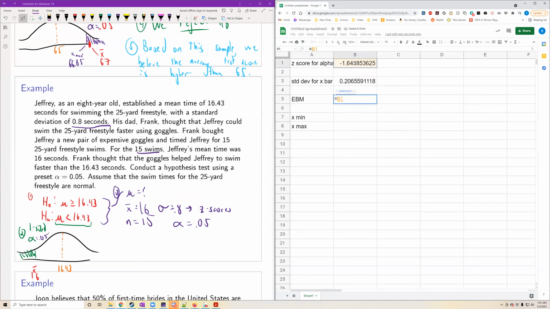EBM, we multiply these two numbers, and I'll stick a negative on to account for that. Then we're comparing this to the original mean. So we'll take the 16.43 minus the EBM and the 16.43 plus the EBM. Okay, that means that this border right here, the X min is 16.09.